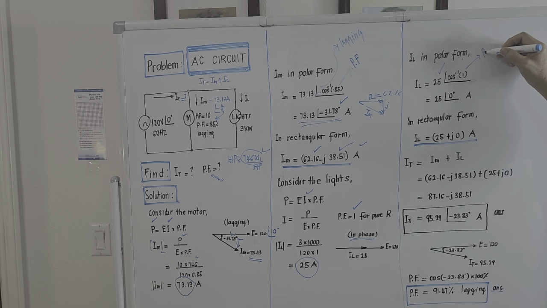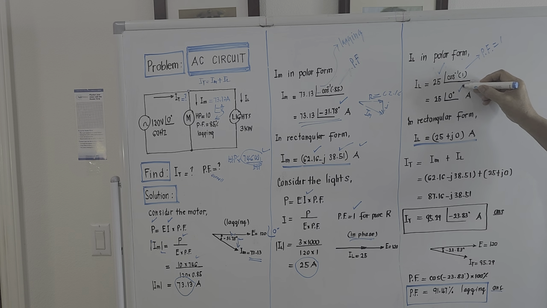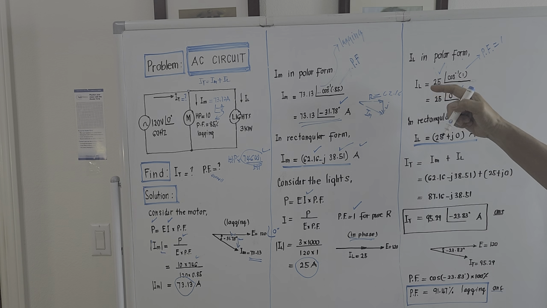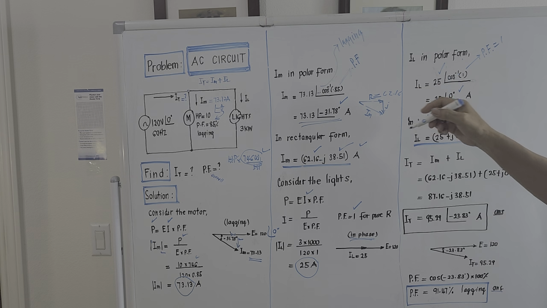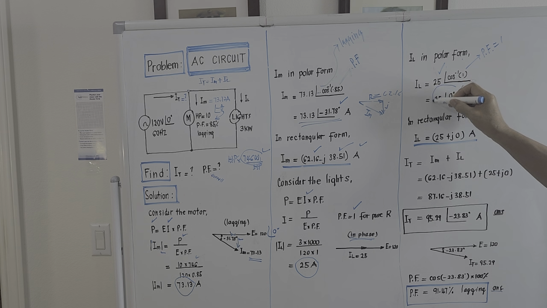The power factor is 1, and the arc cosine of 1 is actually 0. So the value of IL in polar form will be 25 angle 0 degrees. This is IL.